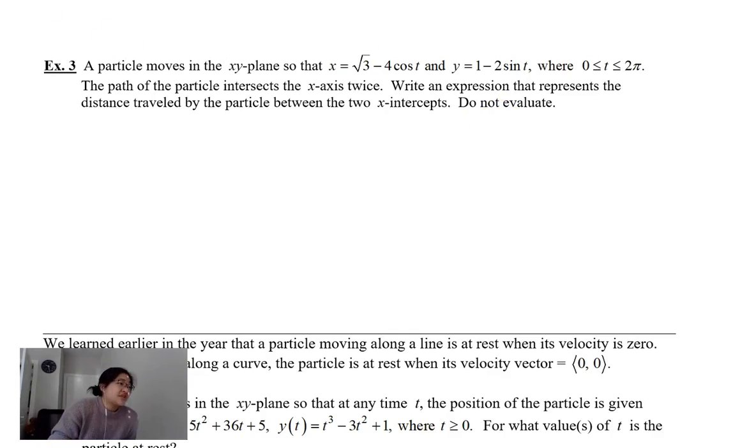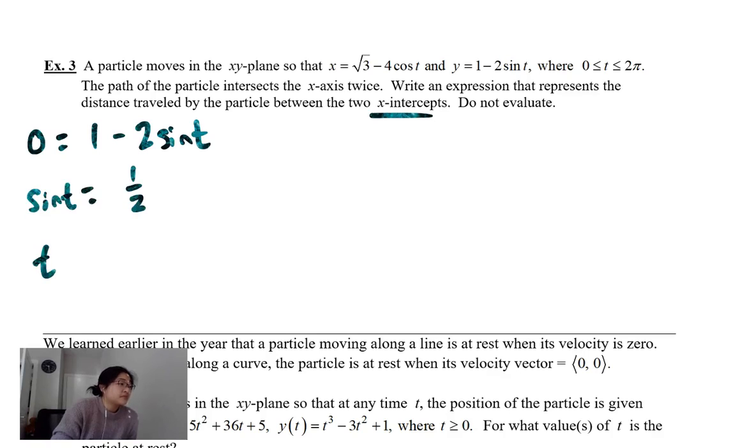And we intersect the x-axis when y is 0, so set y equal to 0, and we get 1 minus 2 sine of t equals 0. When does that happen? When sine of t is a half. And when does that happen? When is sine 1/2?